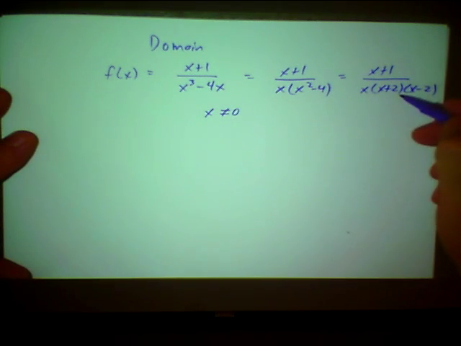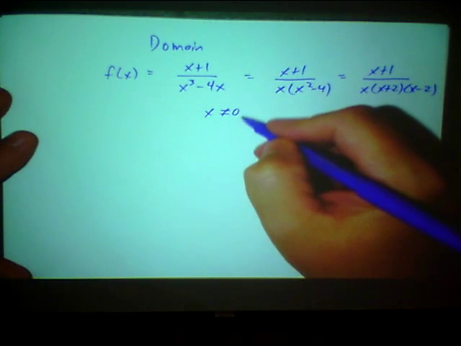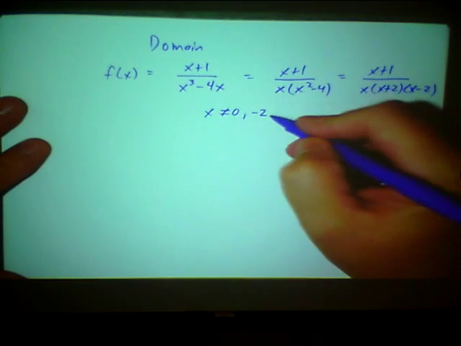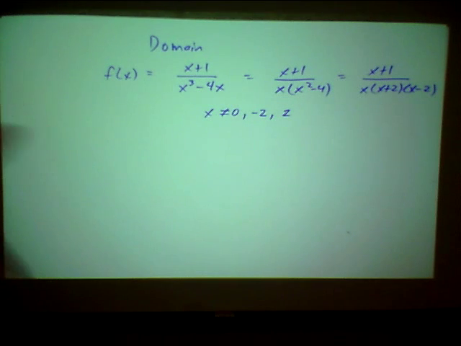What value of x would make that parenthesis equal to 0? Minus 2. So I know that x cannot equal minus 2. And then my third factor is the parenthesis x minus 2. I know for that x cannot equal 2. So there are three values of x that are not in my domain. In other words, there are three values of x that will cause the denominator to be 0.